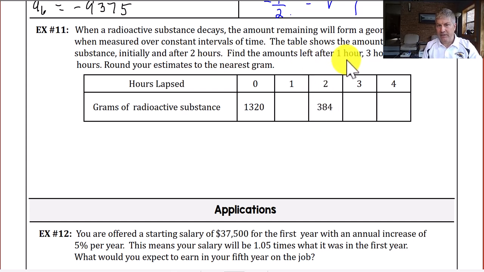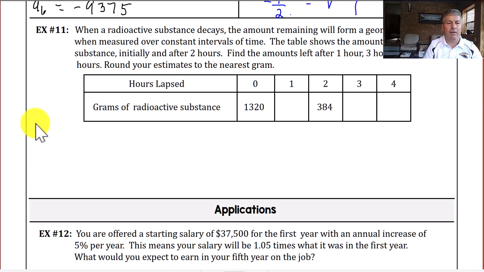We need to find 1 hour, 3 hours, 4 hours, and round your estimates to the nearest gram. So in order to find the r, we need consecutive values here, and we don't have that. So we've got our formula, though, from an earlier video that says how we can find one in between, and that is that square root formula.